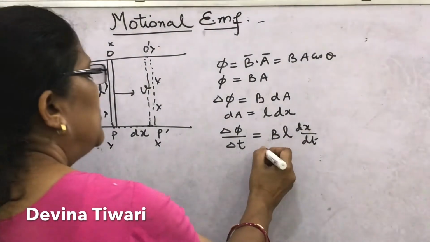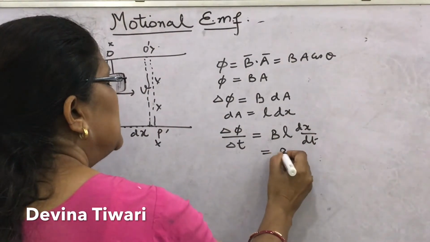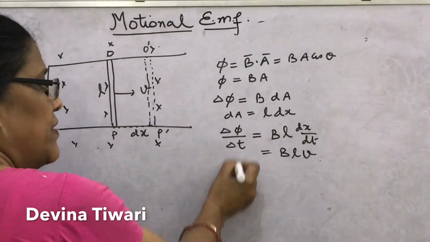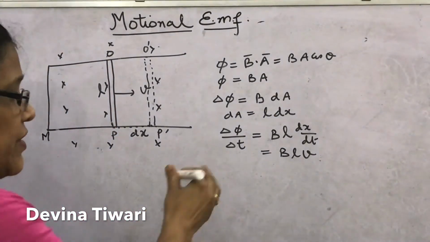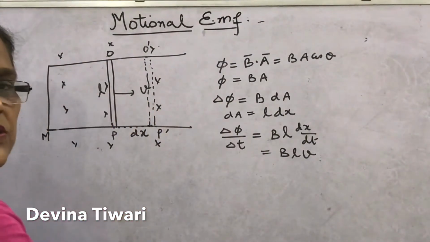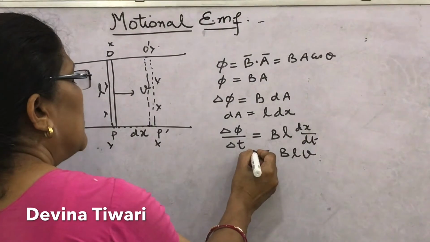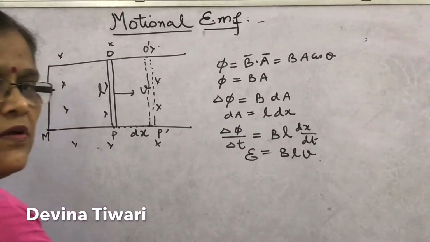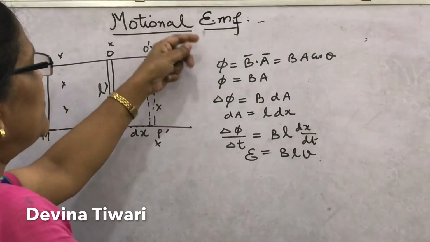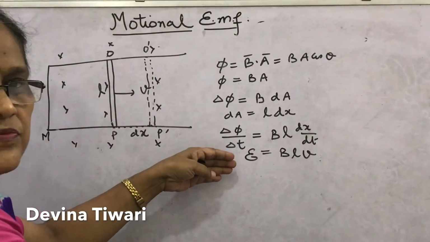Velocity. So you can write this is BLV. And what is delta phi upon delta t? The rate of change of magnetic flux linked with the closed circuit. This is called EMF. So we can derive the motional EMF in this way also.